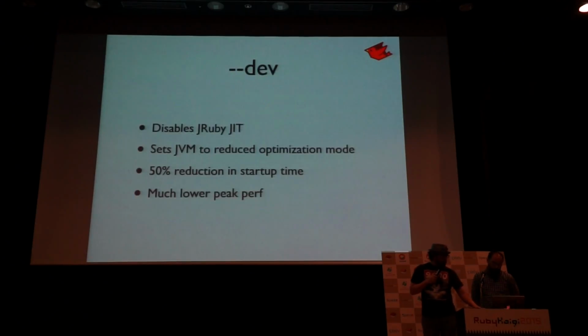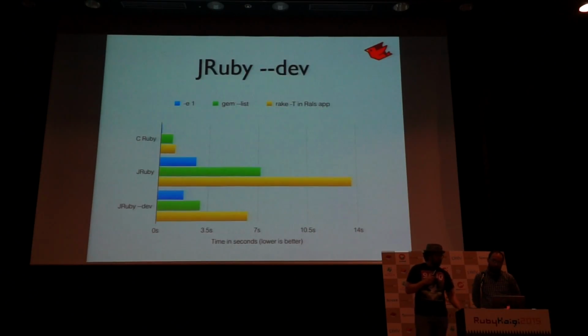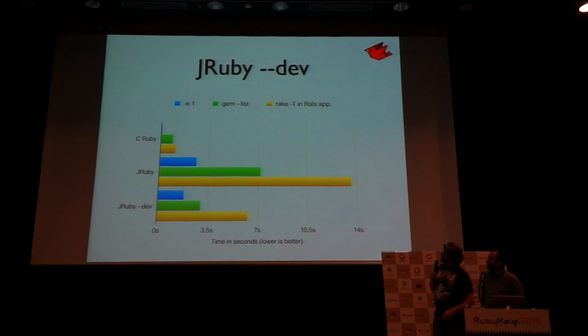So to help this, we added the --dev flag. The --dev flag disables some JRuby optimizations internally that you don't need at development time. It turns off some optimizations in the JVM that can make it take longer to warm up. And this helps considerably. So here's JRuby running those same things with the --dev flag, better than 50% improvement in most of these cases.